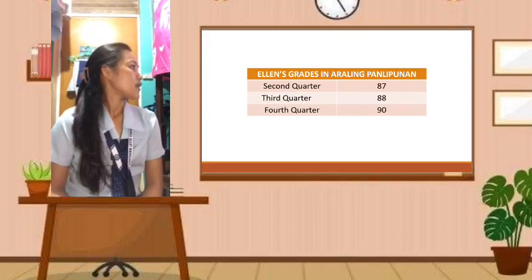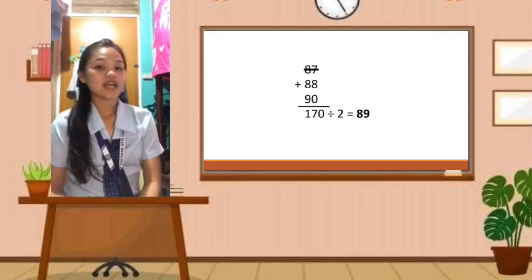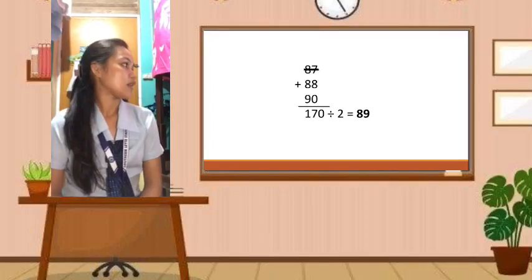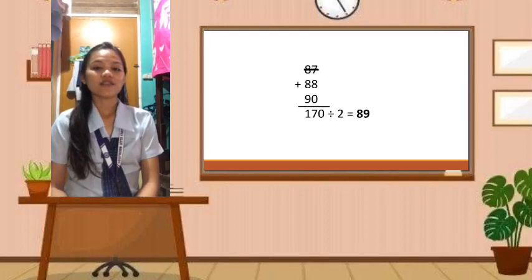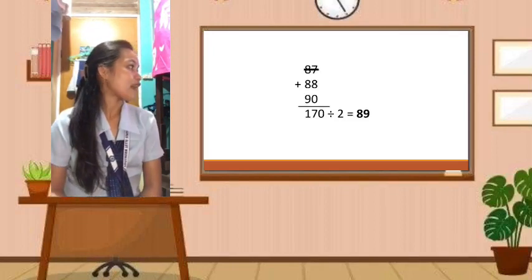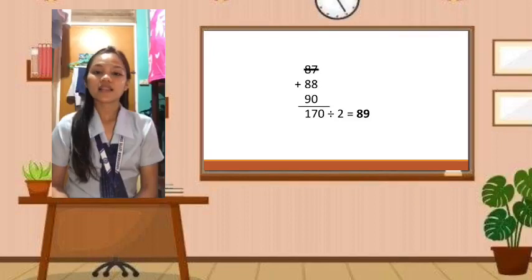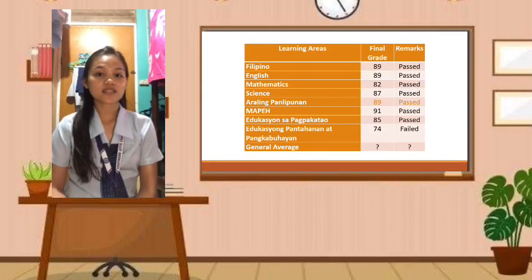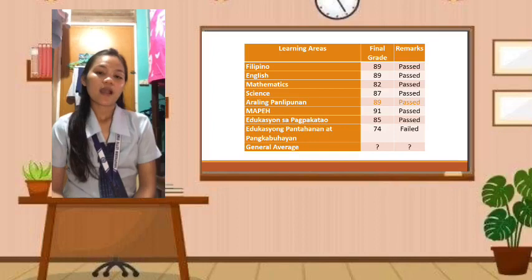So we have 88 plus 90 is equivalent to 170 divided by 2. We have 89. Ellen's Araling Panlipunan grade results to 89, which is a passing rate, and her descriptive rating is passed.